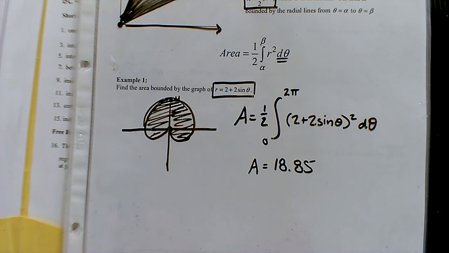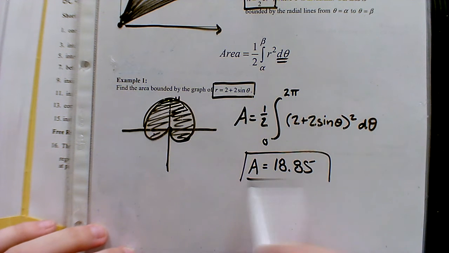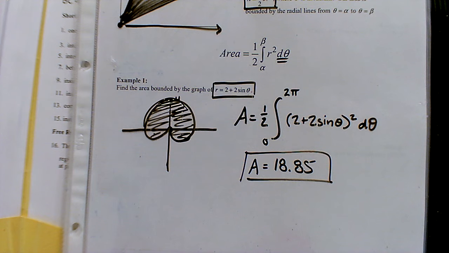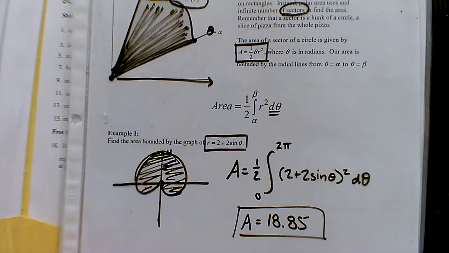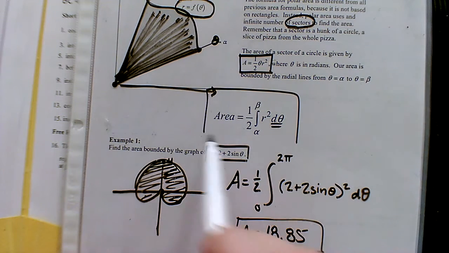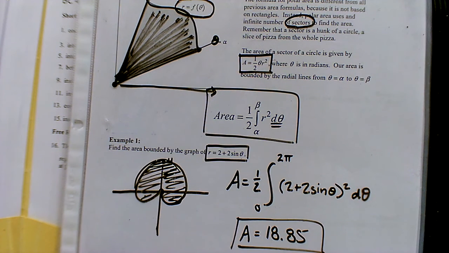Was that it? Okay. There's our polar area. So far, so good? We just got to make sure we're familiar with this setup. Okay, 1/2, and then we'll use our bounds as the angle measurements, and then r squared.